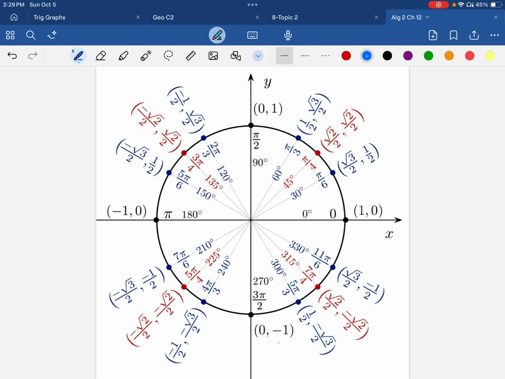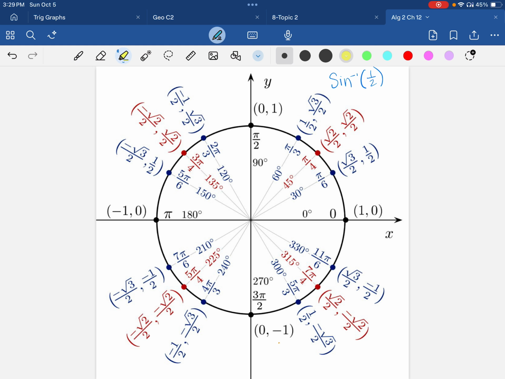Okay, for instance, if I want to evaluate the inverse sine of 1/2, what that means is I'm looking for which angles give me a sine of 1/2.